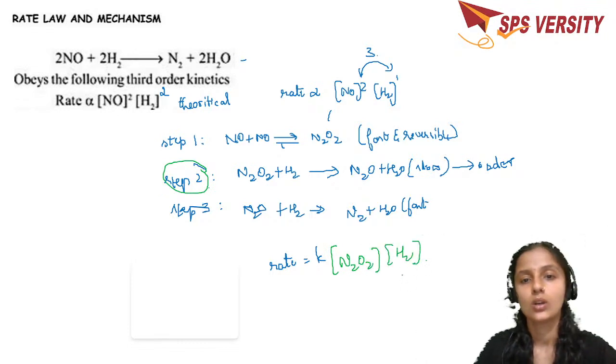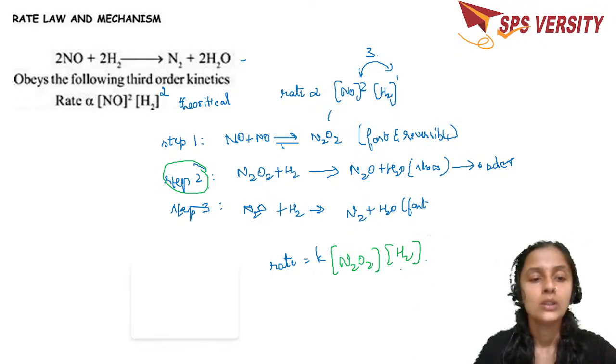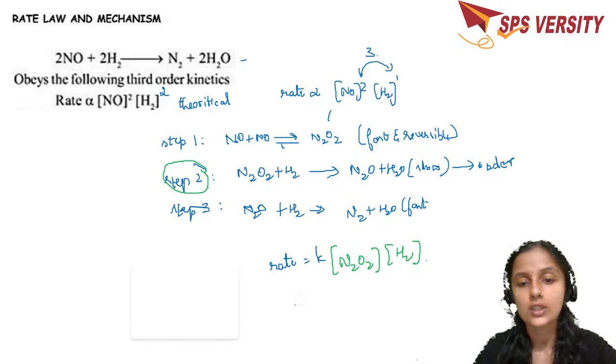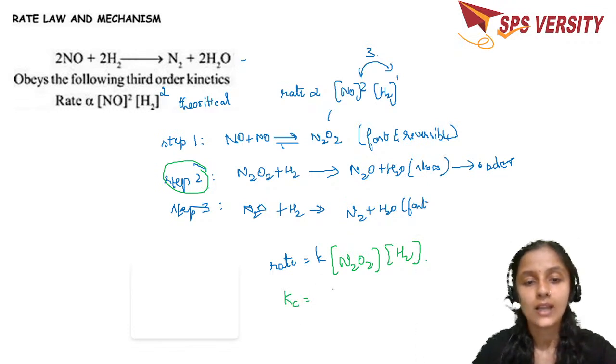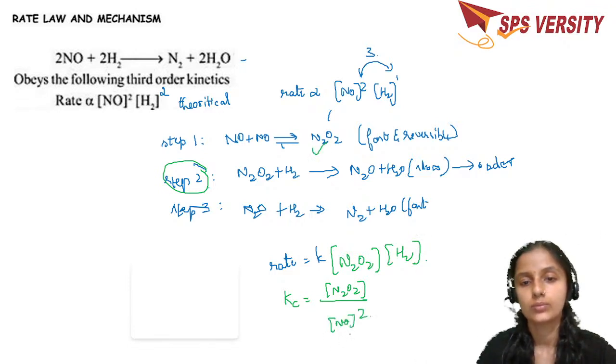Hope you get it. Now, the concentration of the intermediate you can get from other steps. Because there is a reversible reaction as well, if you write the Kc, that is going to be N2O2 for this particular step, over NO to the power 2.